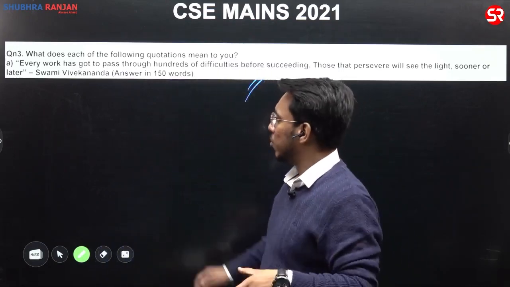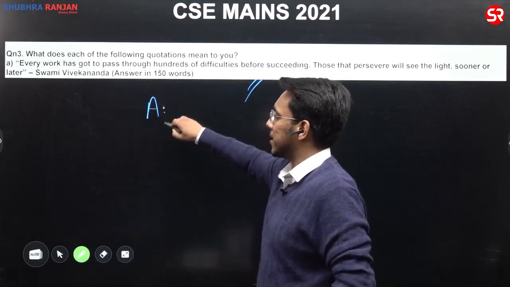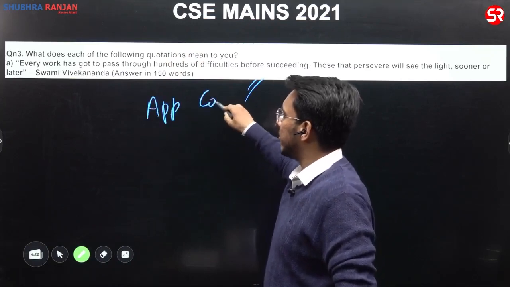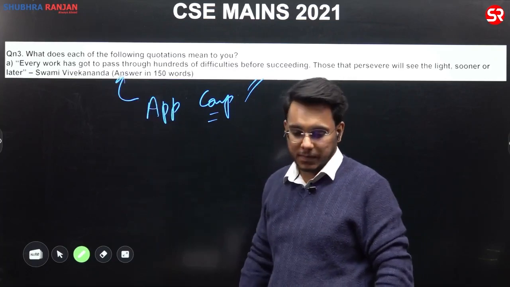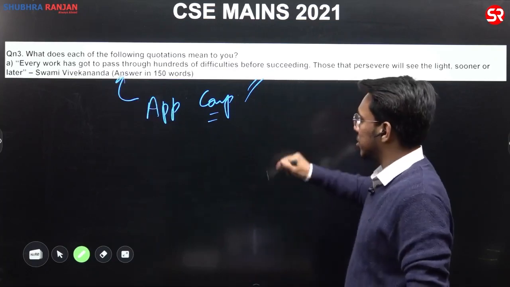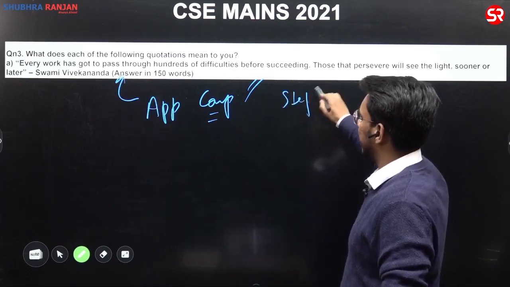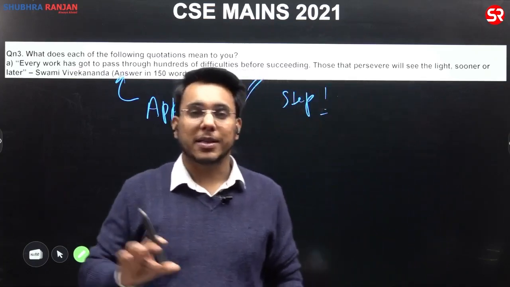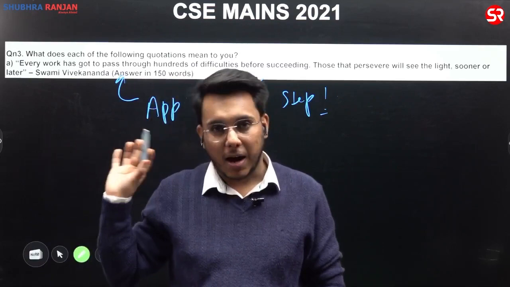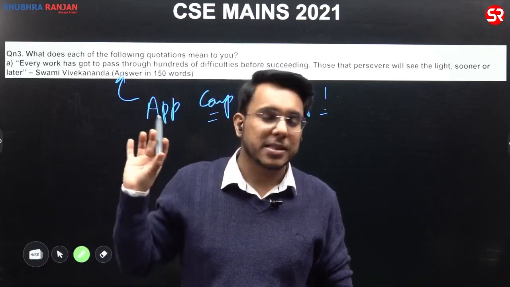I just want to give you the approach compass as to how you can address the quote-based questions. There are certain steps that you can follow. By the way, I'm not saying that only these steps are the best or only these steps can be followed.